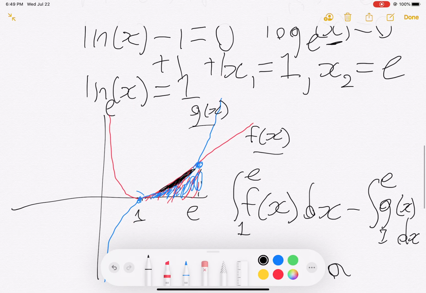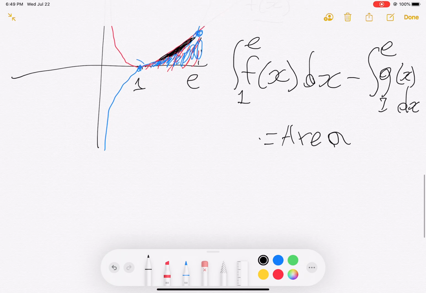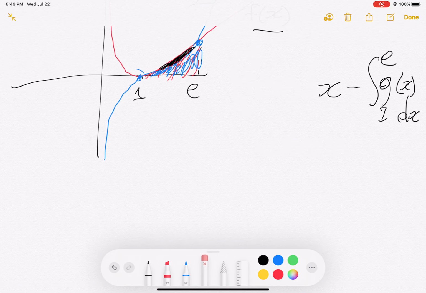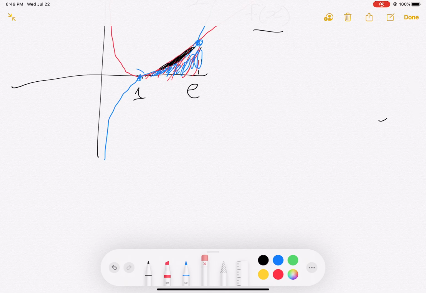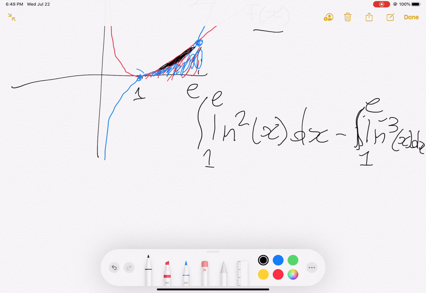In this case, our f of x is going to be the red function, which is obviously ln squared of x. So let me get rid of all of this. So we have the integral from 1 to e of the natural log squared of x dx, subtract from that the integral from 1 to e of ln cubed of x dx, just like so.